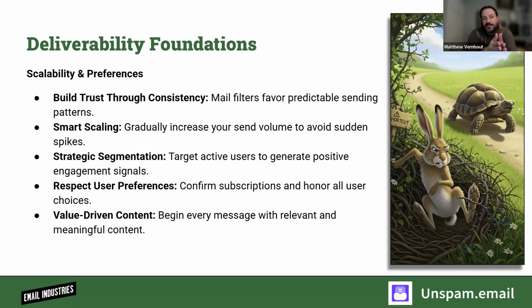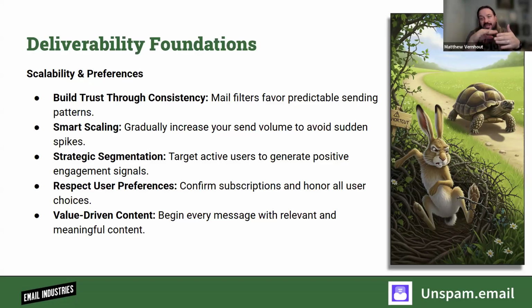This is that one piece that people look at and they say, how do I continue to deliver mail appropriately? So, mail filters like consistency. They don't necessarily like to see huge sudden spikes in volume. So, if your normal daily volume is 10,000 emails, but for Black Friday you want to send 100,000 emails, you should start ramping towards that volume now.